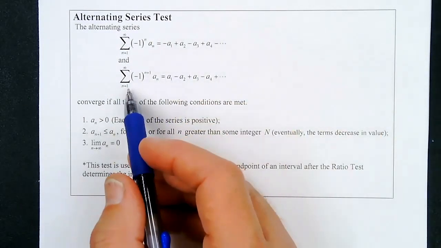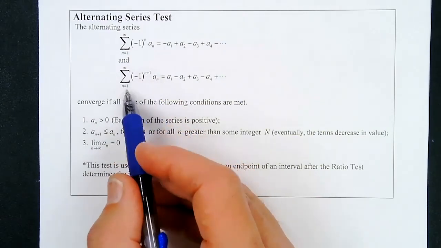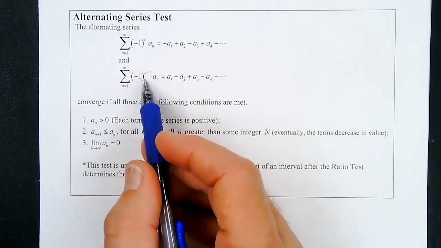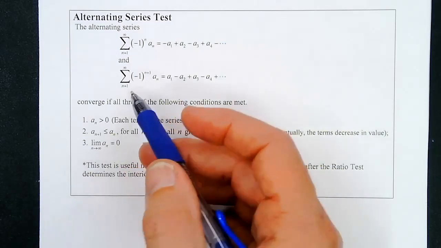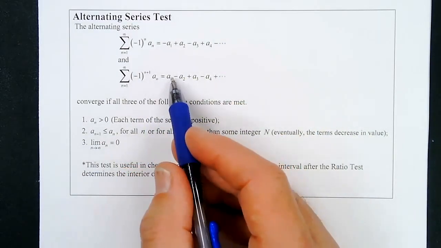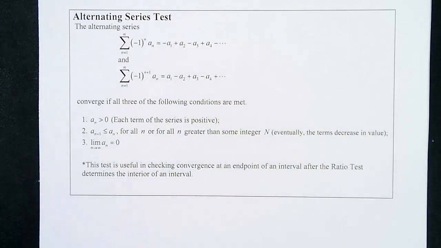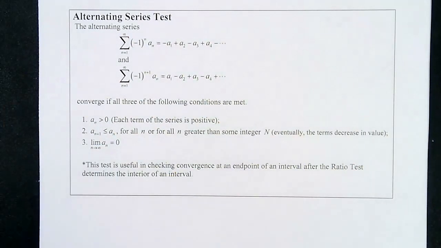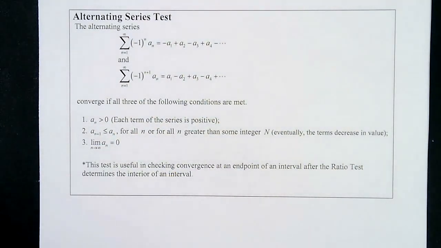If we write it as n equals 1 to infinity of (-1)^(n+1), when we put 1 in here, the first term is actually going to become positive because the exponent is even. So if we write it this way, it's going to cause the even ones to be negative. These are called alternating series, and we know they're going to converge if all three of the following conditions are met. All three of these things have to take place.